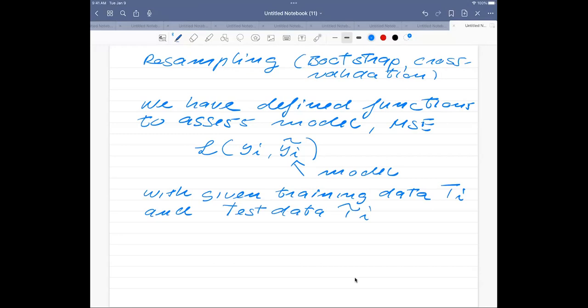And what we want then is to present some kind of error estimate for the test case, which is a function given by the function we have chosen for this specific data set and this specific model.